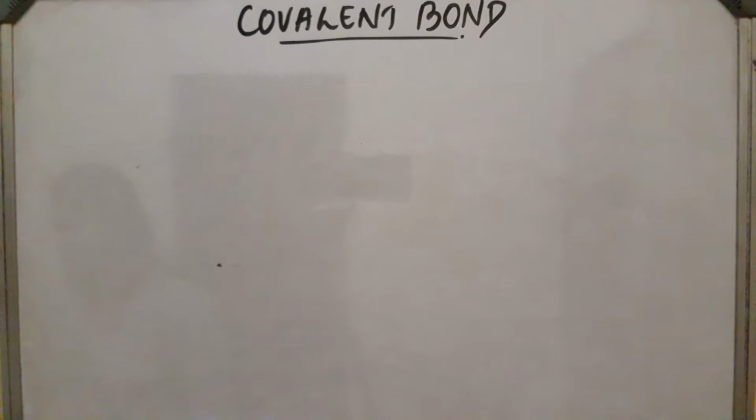Covalent bond. The bond formed by the mutual sharing of electrons between the combining atoms is called a covalent bond. Okay?